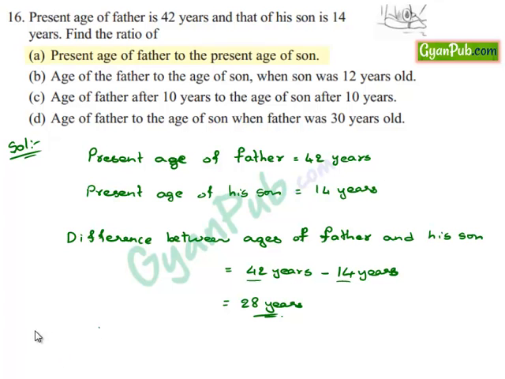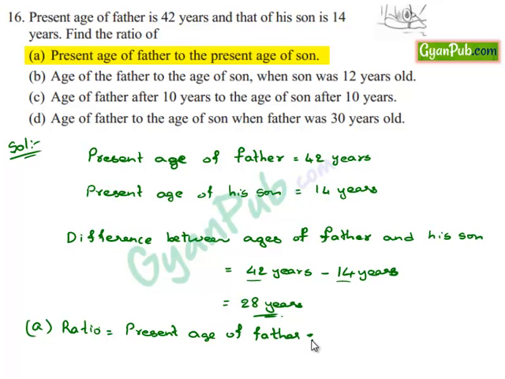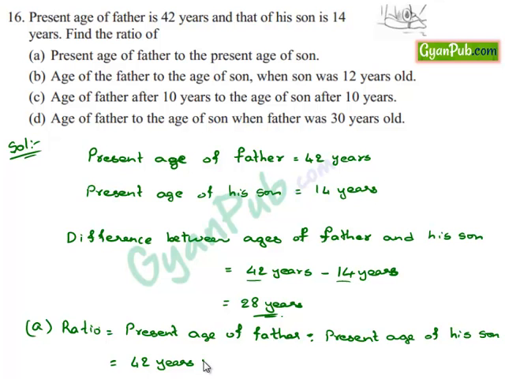Take down the first bit, that is, we have to find the ratio between the present age of father to the present age of his son, which is nothing but present age of father is 42 years is to present age of his son is 14 years.